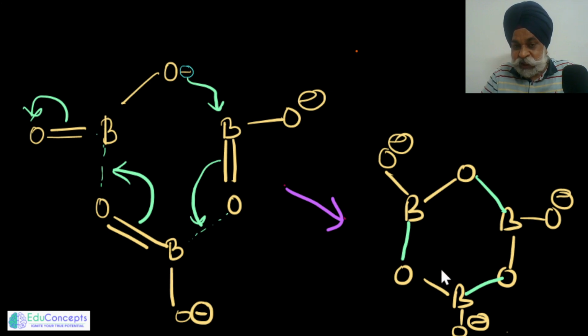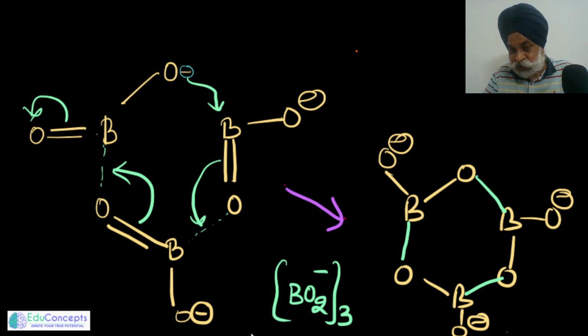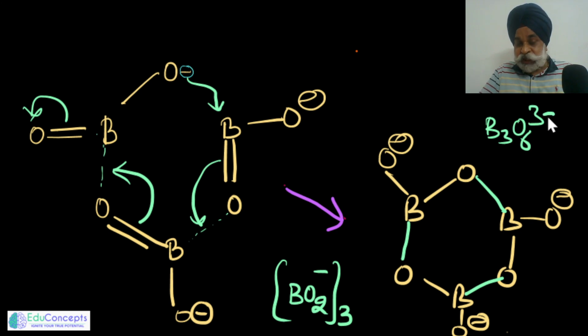So the entity you get here is B3, BO2 negative, this trimerizes thrice. So it tends to give you B3O6 3 negative. So here IIT Advanced people may ask you a question where they can mix 2-3 things together, organic, inorganic, something like this.